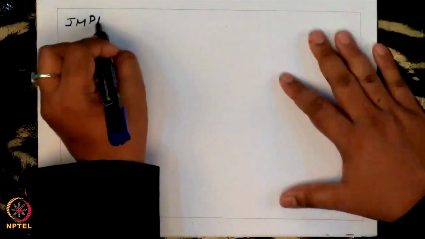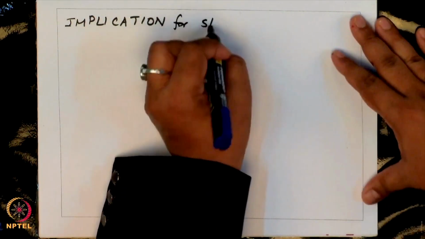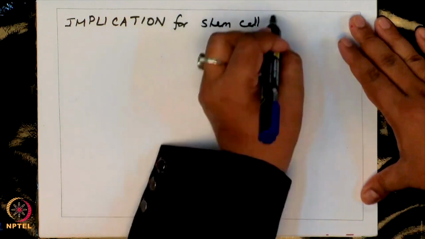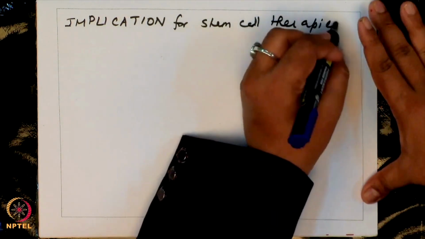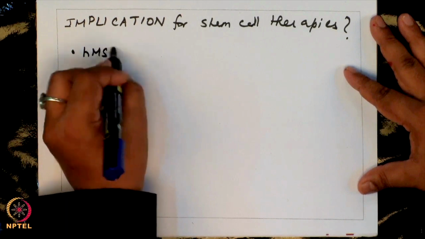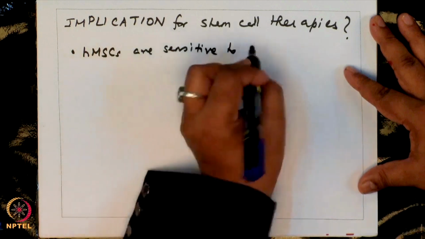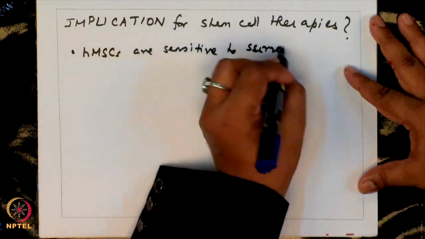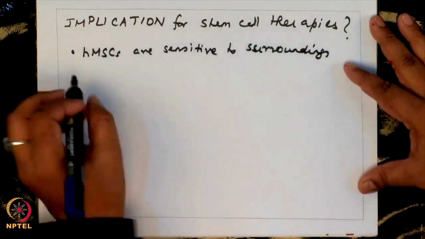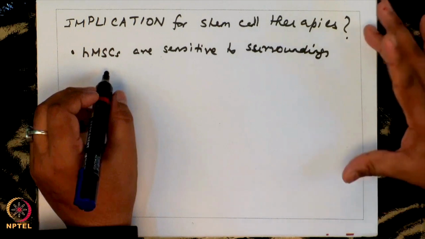So, what is the implication? What implication does this study have for stem cell therapies? First of all, if HMSCs are sensitive to surroundings, then where you are injecting will have a dramatic effect on what the HMSCs differentiate into.